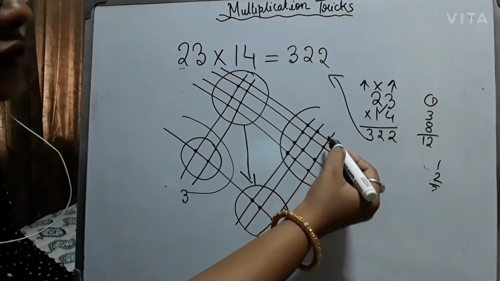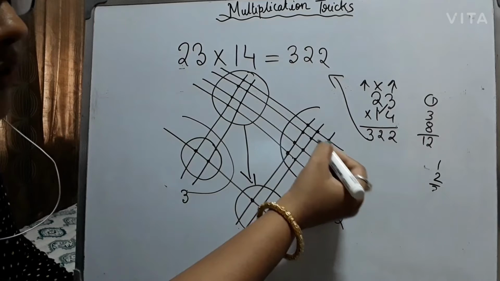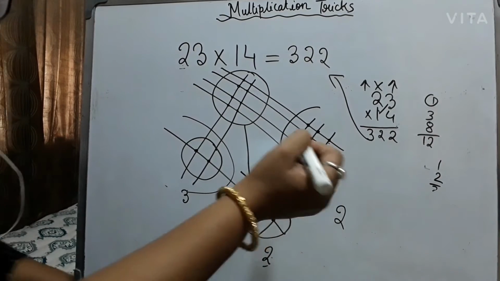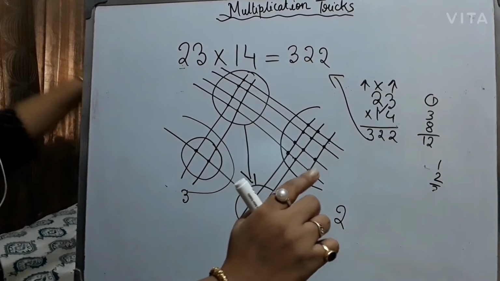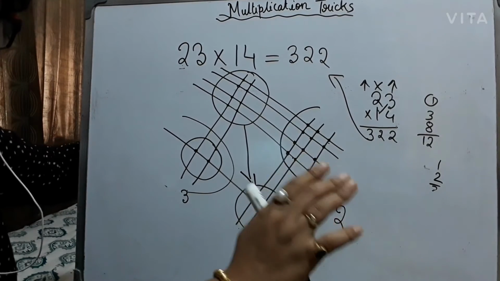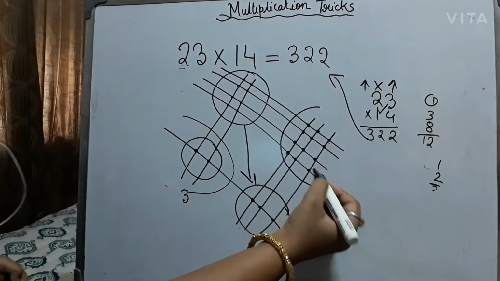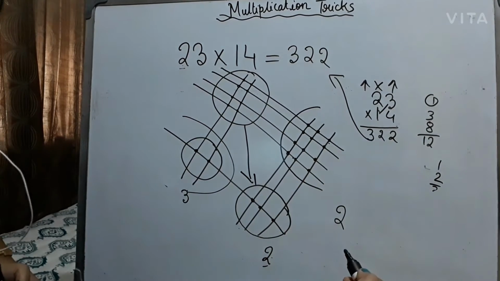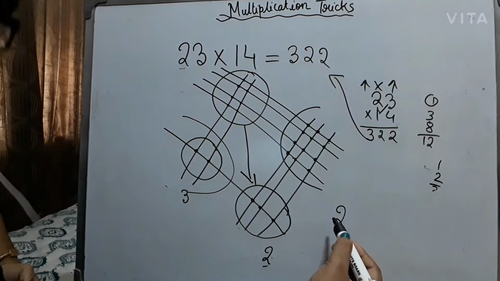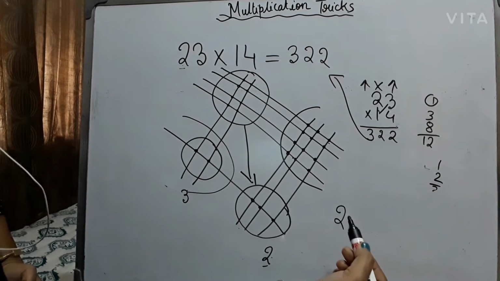Now you have to count the intersecting points. So 1 2 3 4 5 6, like this. Intersecting points means where you get the join of two lines. That point you have to calculate. And if it is coming more than 10, you take the carry as we usually do in the normal method.